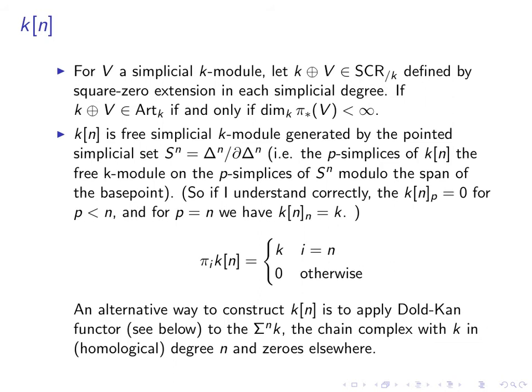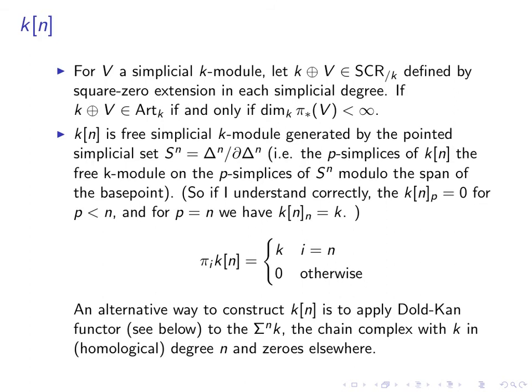All right, so for a simplicial k-module v, let k plus v be the simplicial ring defined by the square zero extension in each degree. This comes with an obvious map to k. It might not be an Artin ring, but it will be if there's some finite condition on the homotopy groups of v.